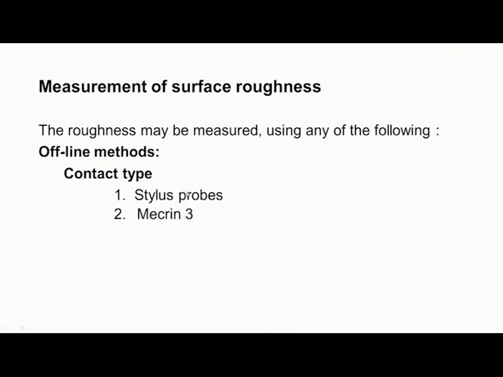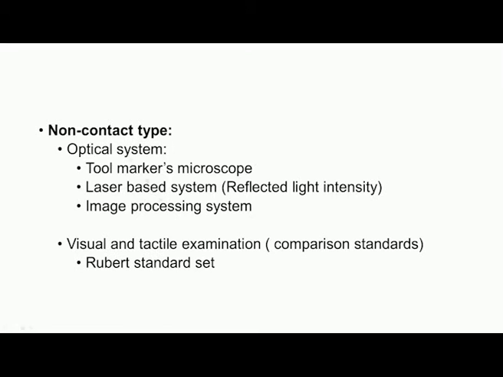In the offline methods we have contact type and non-contact type measurement methods. In the contact type, we have the stylus probe type instrument and the Mechryn 3 instrument.